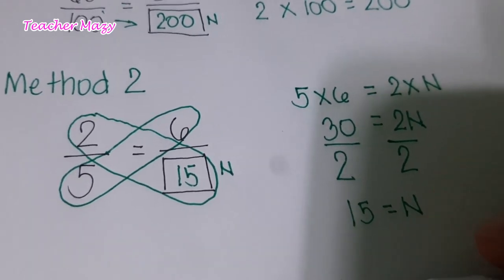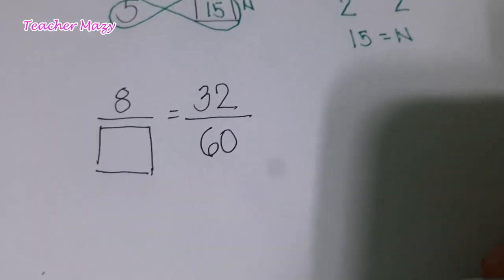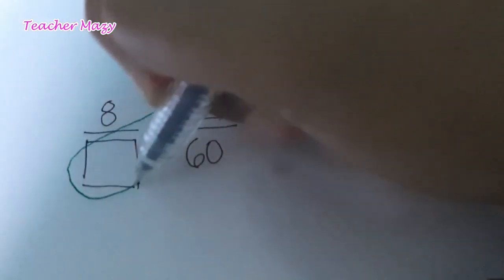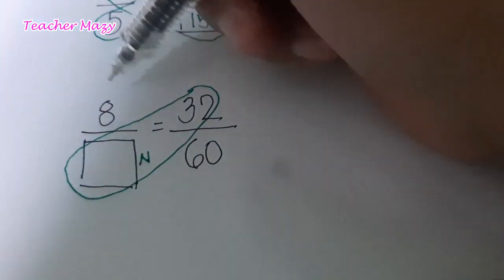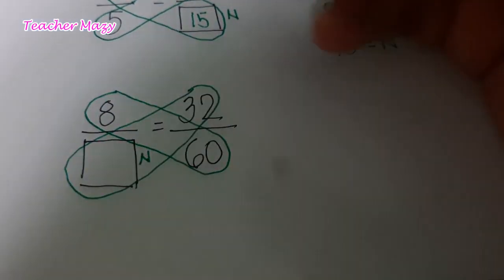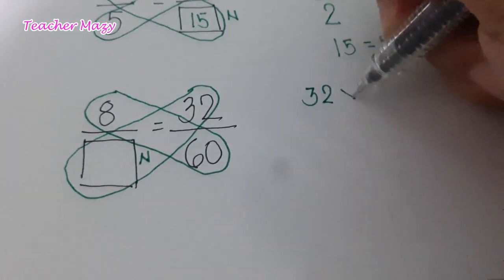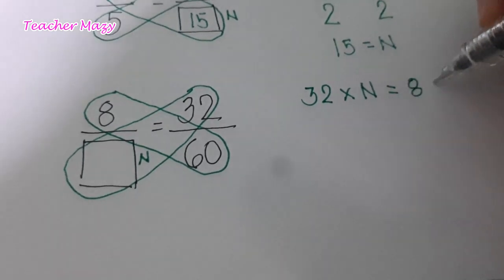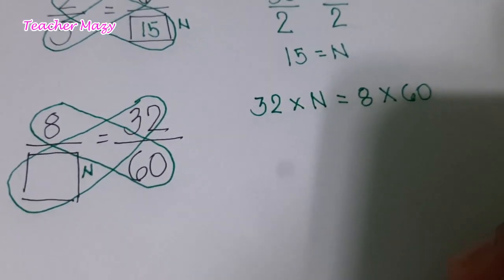Next, let's have another example for the second method, where we do the cross multiplication. Let's multiply the means. Let's say our missing term here is n, and multiply the extremes. So we have 32 times n is equal to 8 times 60.